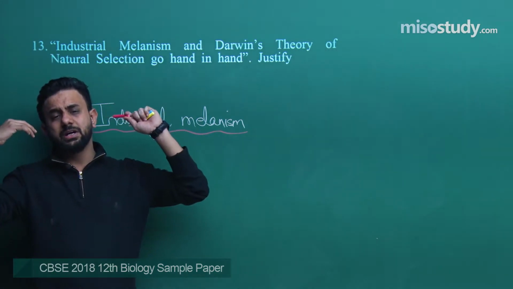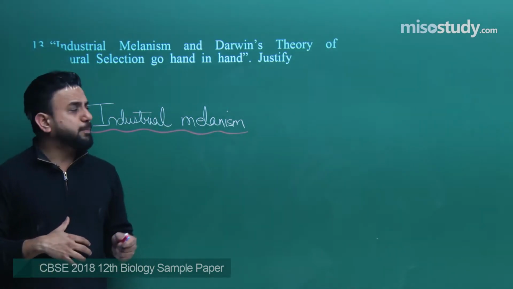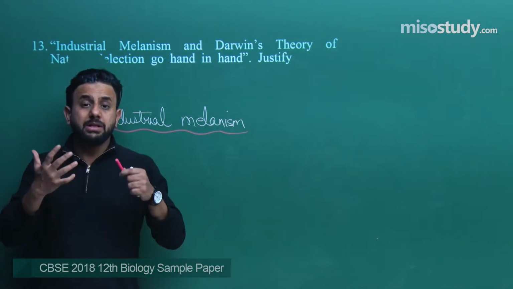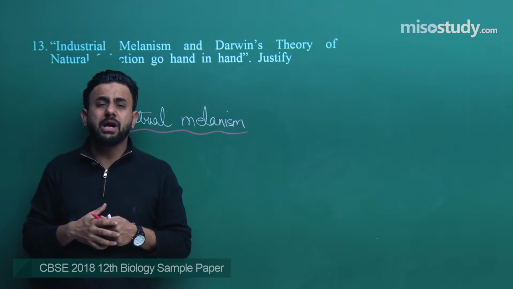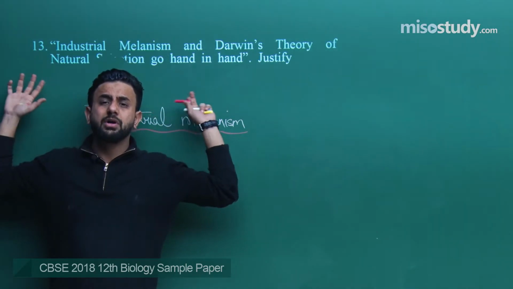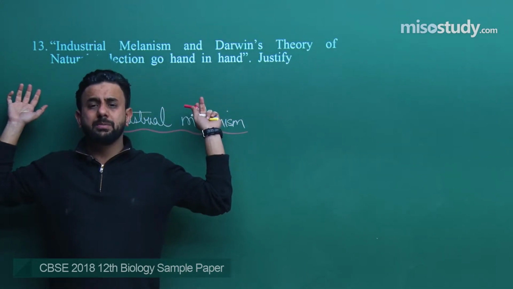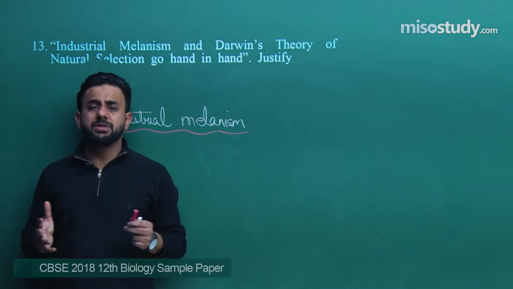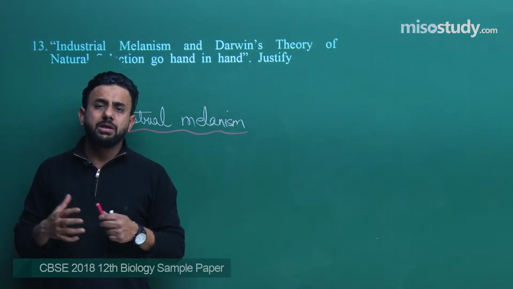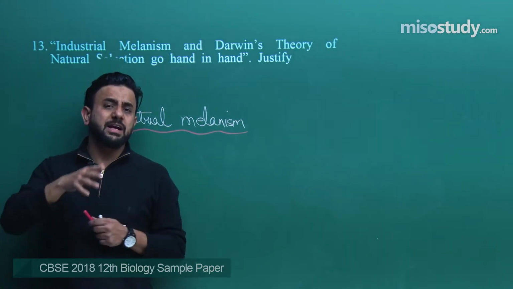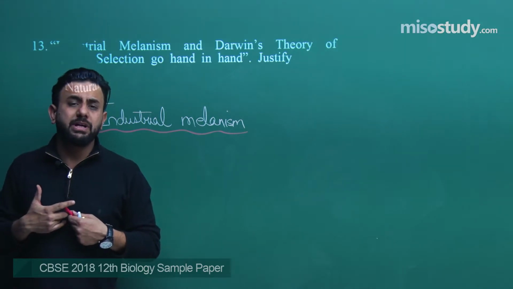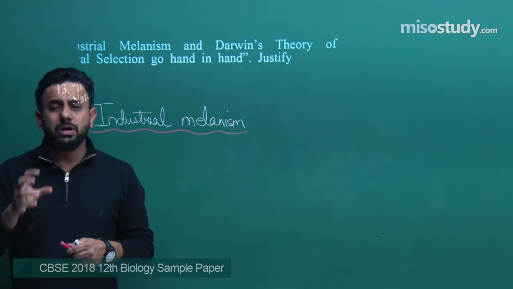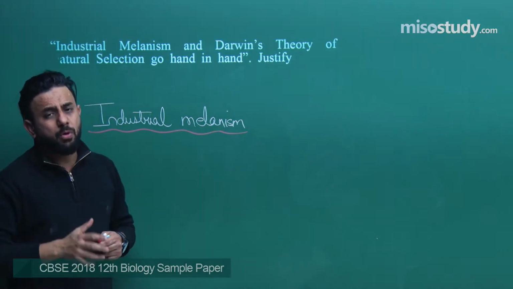Suppose a lion comes here to eat me, and suppose this board is green, I take the green color and stay stationary, and the lion may not be able to recognize me. Why? Because I have camouflaged with the board. The board being green in color, I am also green in color. I have camouflaged with the board, and I am not moving. The lion will come and think nothing is there, and hence it will not act on the prey and will go. It is a little unrealistic, but I think you got the point of what I am trying to say.